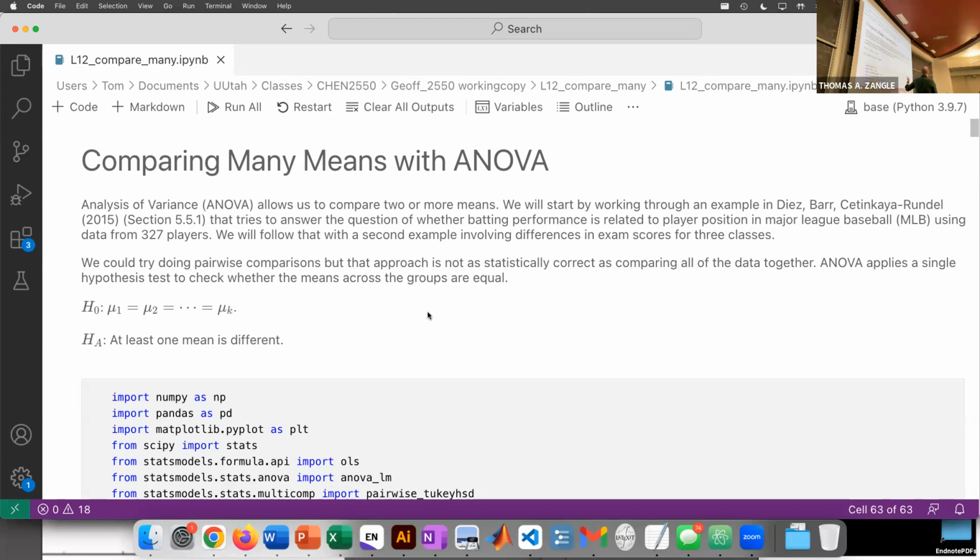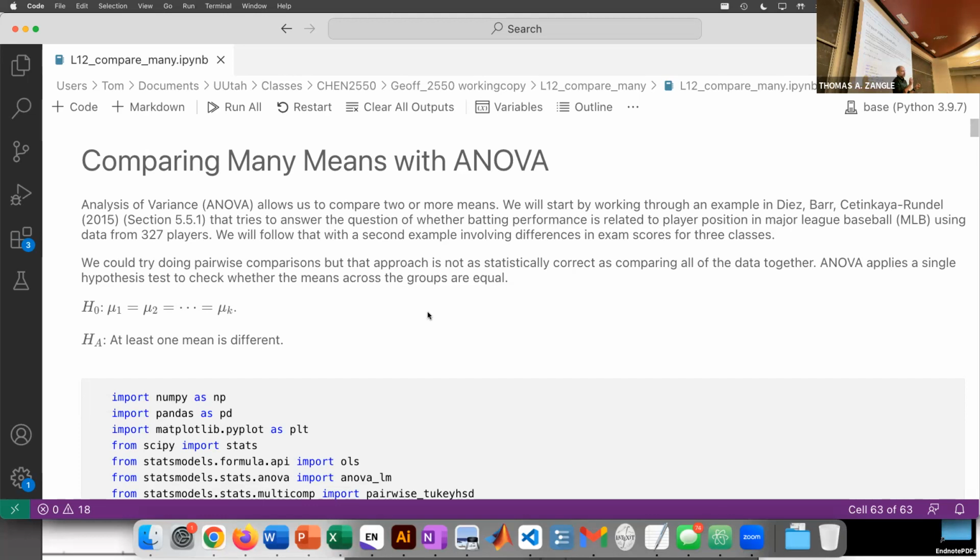And so this idea of ANOVA that we use when we have 3 or more groups that we're trying to compare the means of is essentially a correction on that overconfidence that would result if you just simply use the T test and compare it across multiple means.